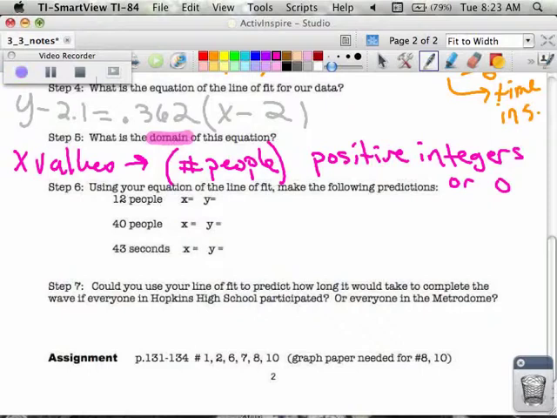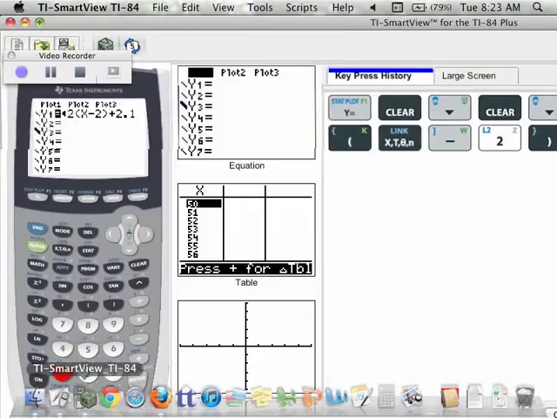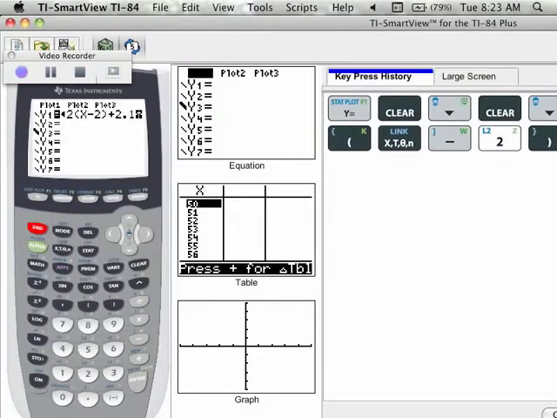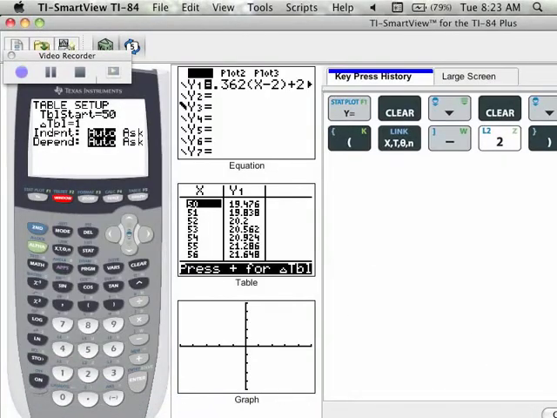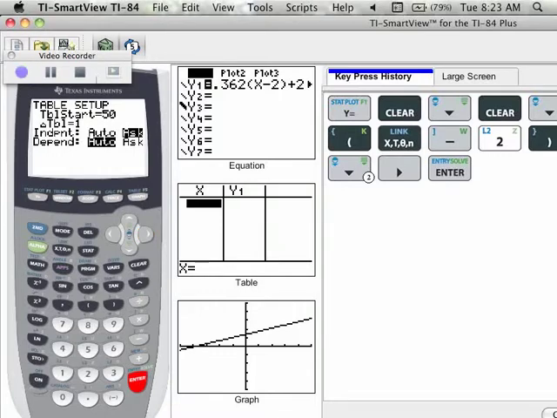And then if I go back and I look at what it says, what happens when I have 12 people, 40 people, and 43 people. And the nice thing about your calculator is if you know how to change your table set, I can go second window, and I can go to Ask, because it knows everything.